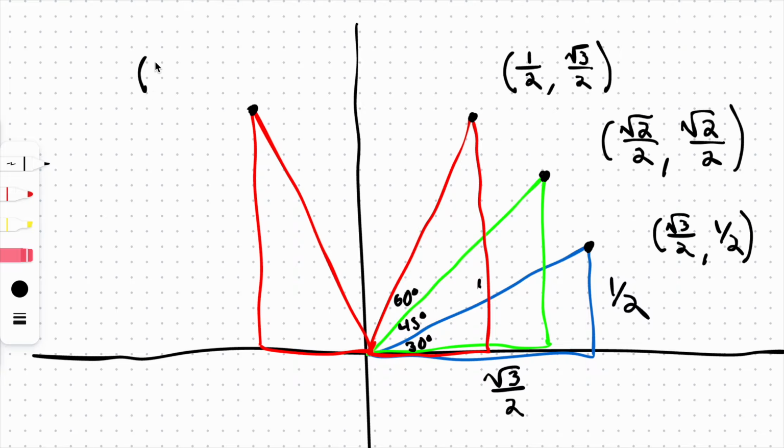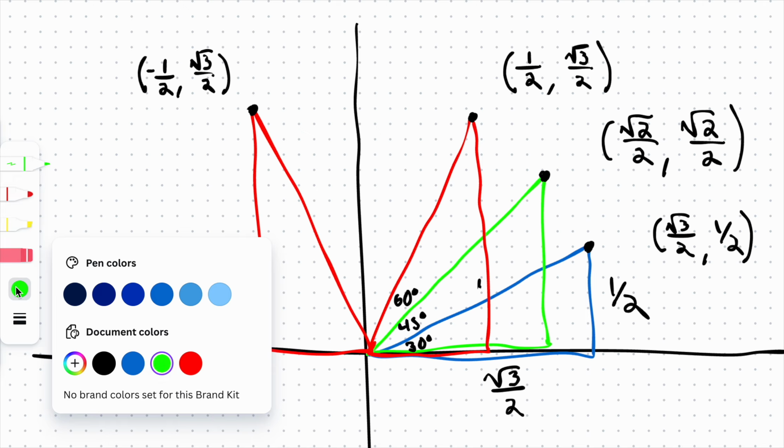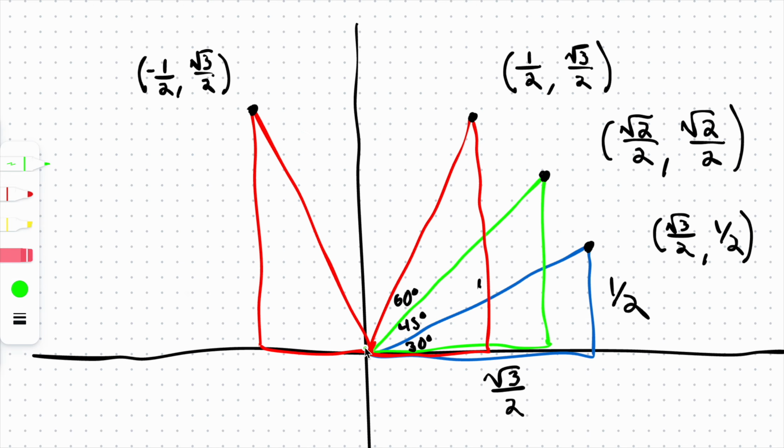So this point is going to have coordinates -1/2, √3/2, because we're now negative in x, but we're still going up √3/2 to get to this point. So our y value is still √3/2. Great. Now let's do this green one.